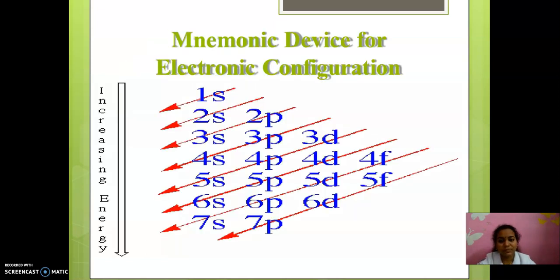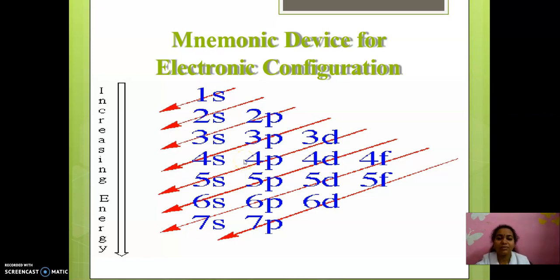Then how can we write this configuration? First we have to write 1s, 2s, 3s, 4s, 5s, 6s, 7s. For the azimuthal quantum number, there is an equation, that is n minus 1.